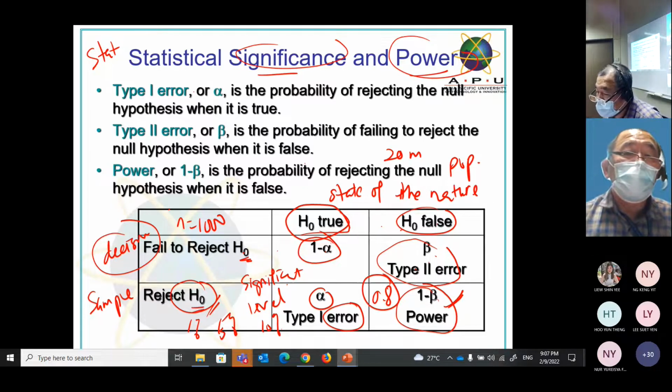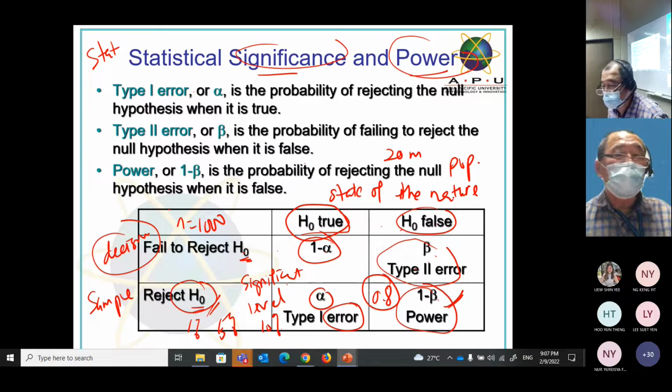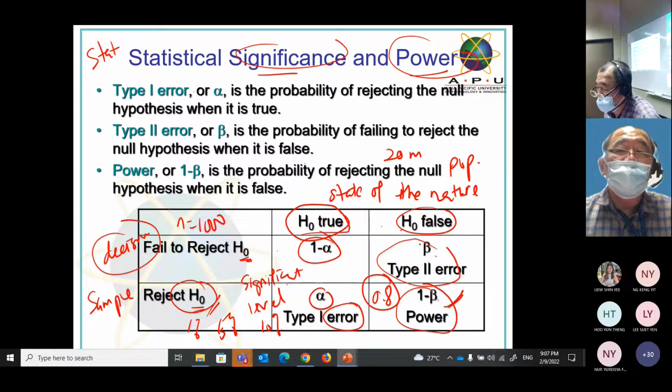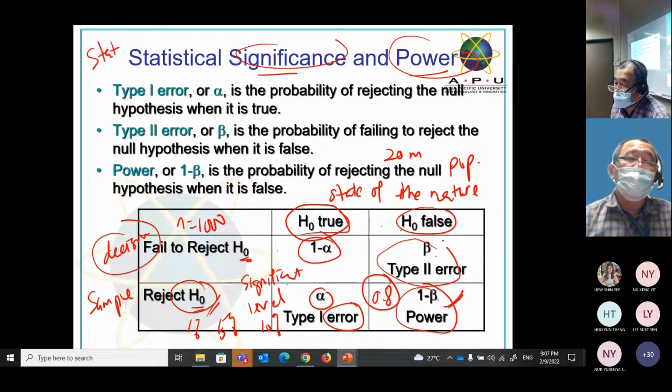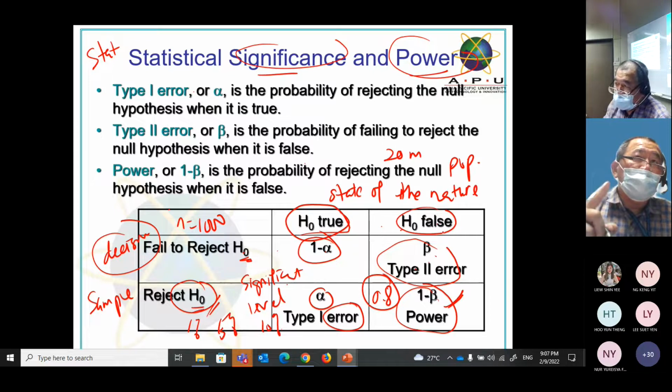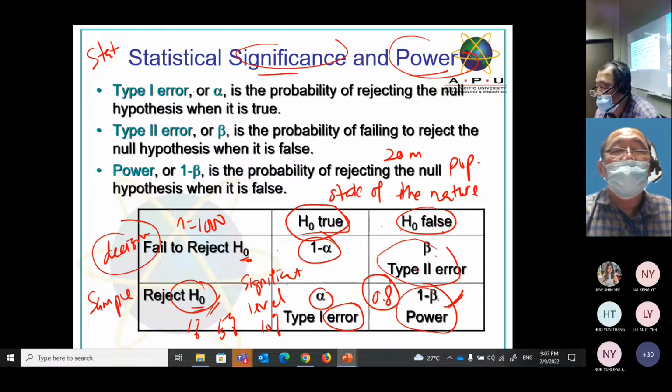So type 2 error means we cannot reject the null hypothesis, but the null is false. You can see something is wrong, but you cannot say it's wrong. Something is wrong, but you cannot prove that it is wrong.